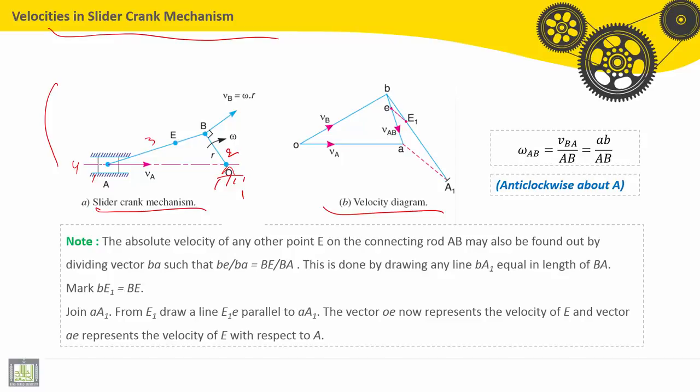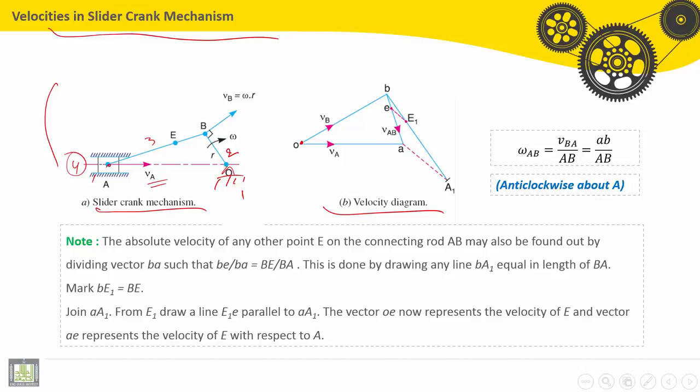The steps for drawing the velocity diagram are the following. We start by drawing point O. After that, the piston point A has a linear velocity VA.